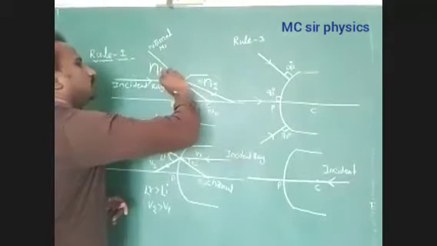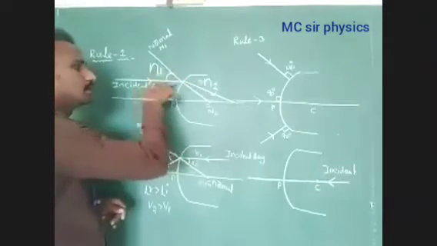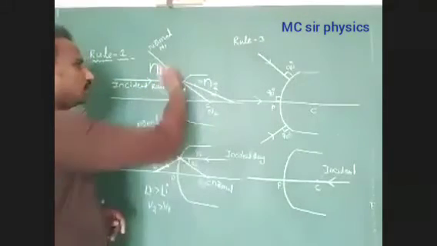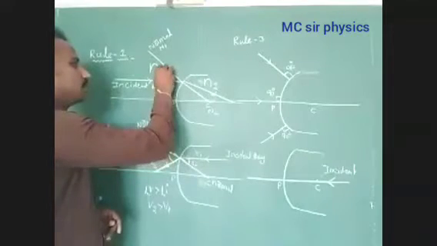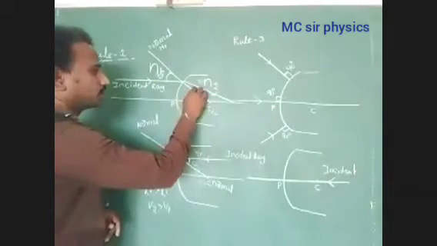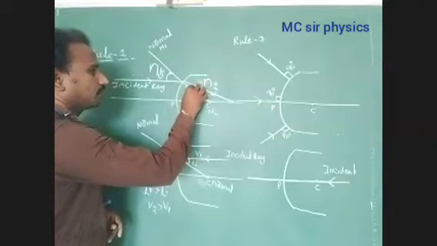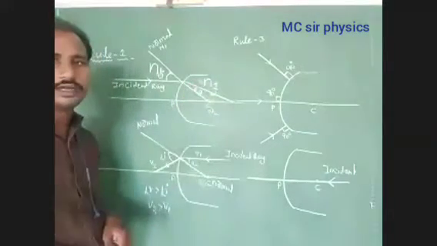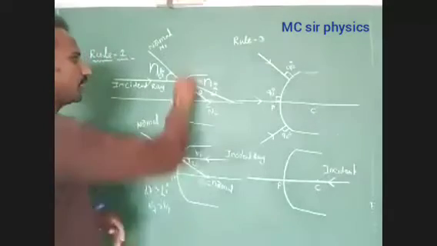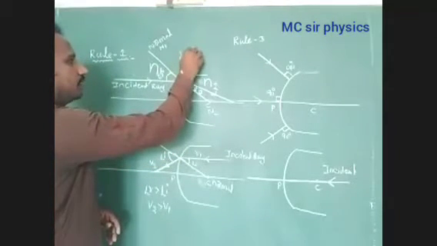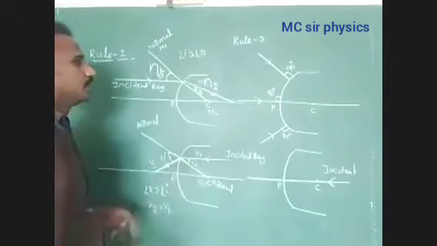The angle of incidence we calculate between the incident ray and the normal, angle i. Angle of refraction with respect to the normal direction, angle r. Here angle i greater than angle r.